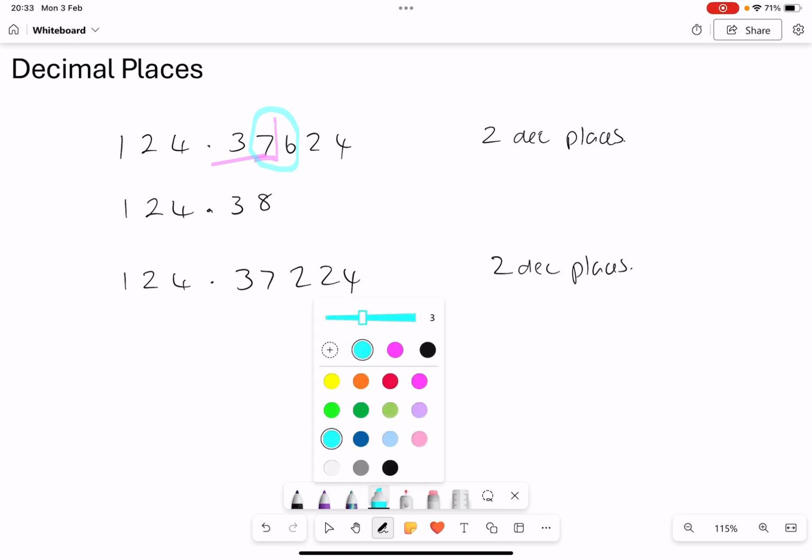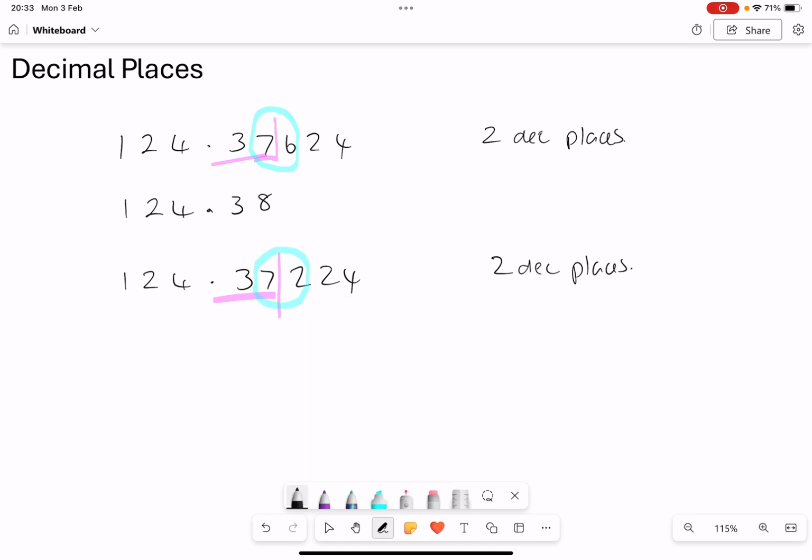So after that decimal, I'm allowed 2 spaces, and then I've got a cut off, which means I'm interested in that 7 and the number that follows it, the 2. So my 124 stays the same, it's on the left-hand side of the decimal. The 3 is not affected. That 7 is followed by a 2, so it stays as it is, because the 2 is less than 5.